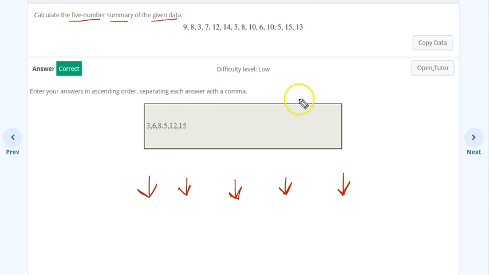So the book does a nice job. So what I'm going to do is go to the tutor, and that's what you would do also if you had difficulty with something like this.